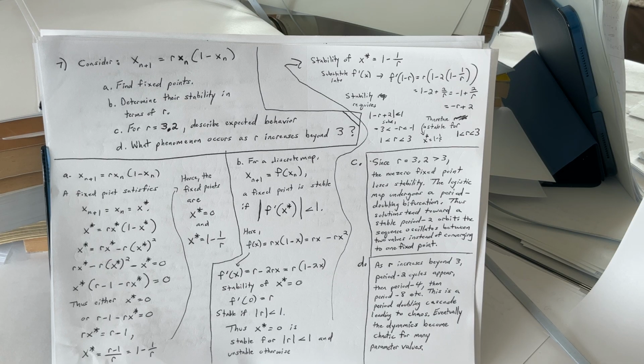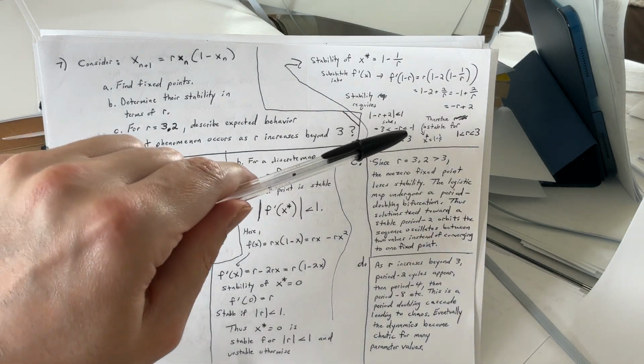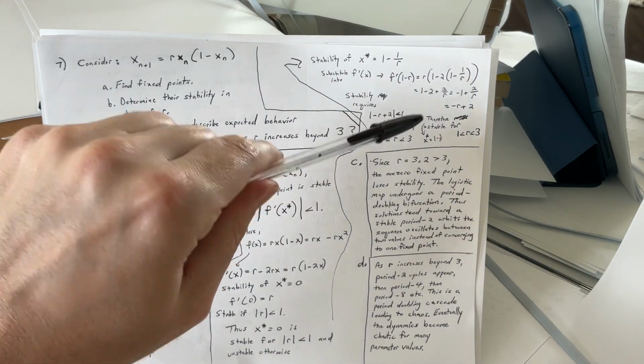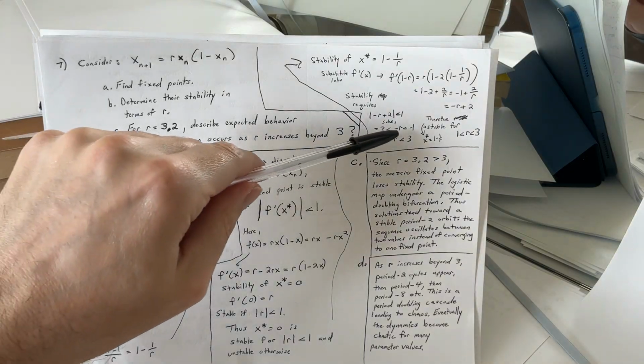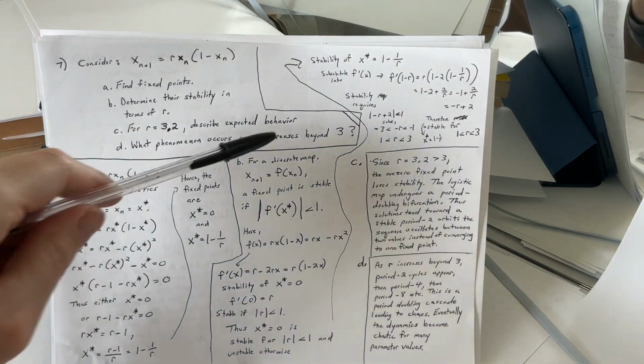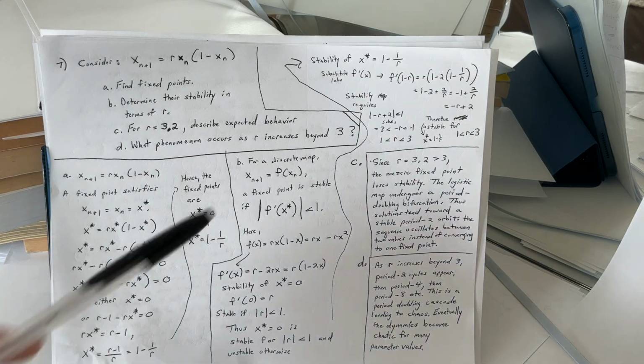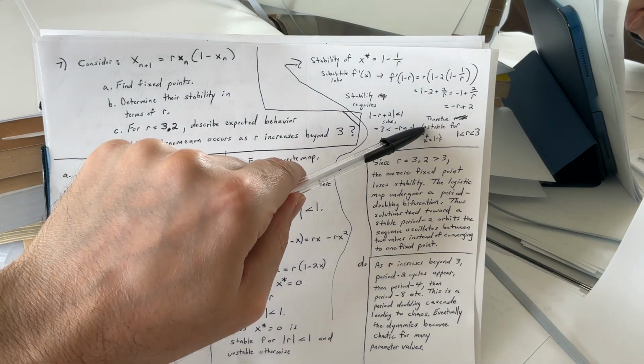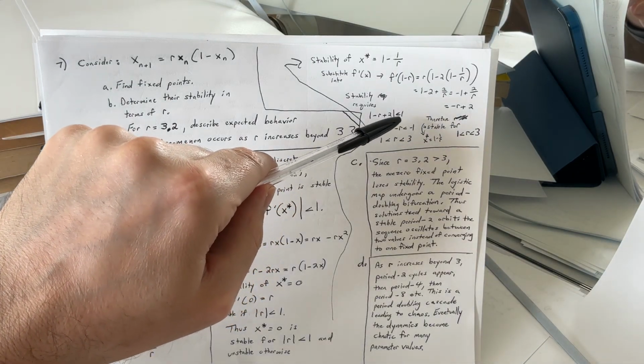So therefore it is stable. Sorry about that, I just realized I wrote the wrong word. I was looking at what that remark was. Right there it is supposed to be is.